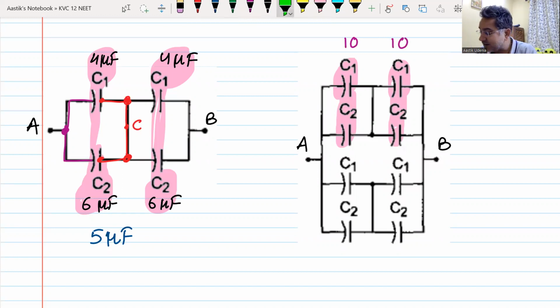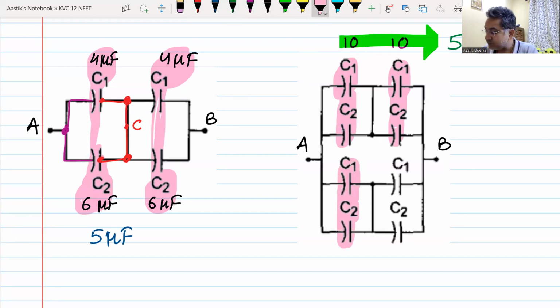This 10 and 10 are in series, so this becomes 5. Similar concept applies here. These two are in parallel, 10. These two are in parallel, 10. Then these two are in series, 5.